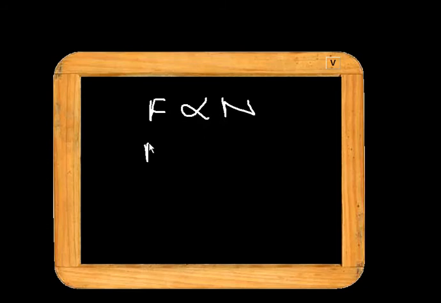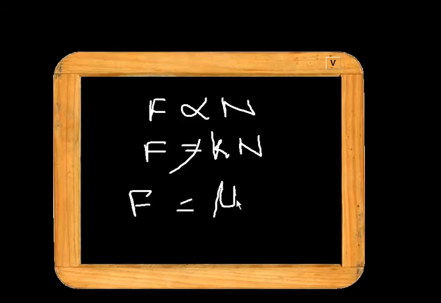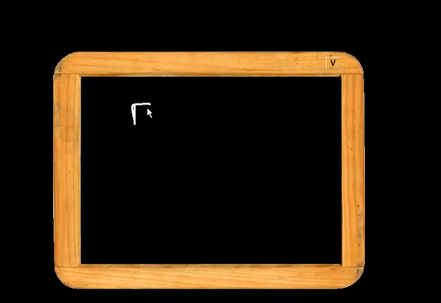So F equals a constant. We name it K. Now we'll replace this K by mu, so that is the coefficient of friction. F equals mu N. Alright, so what will be the value of the coefficient of friction?